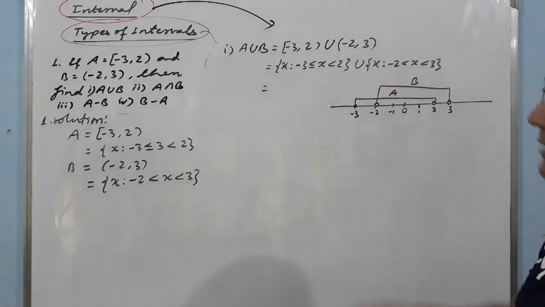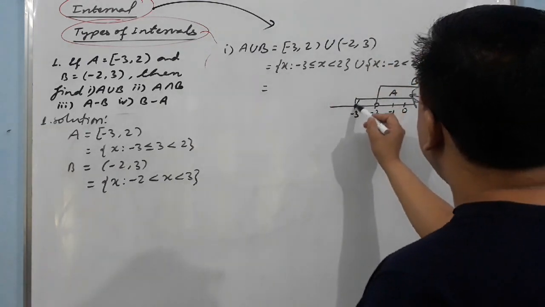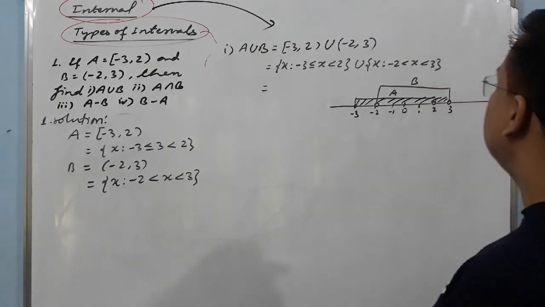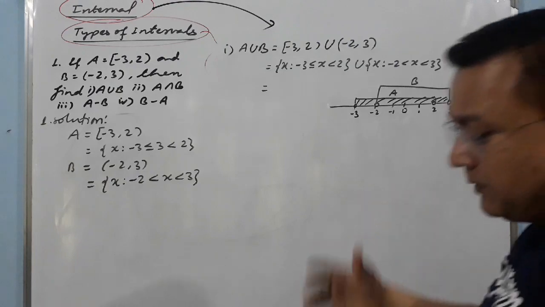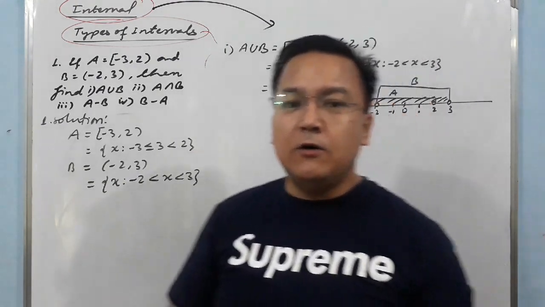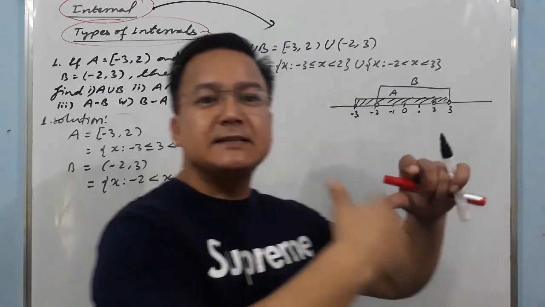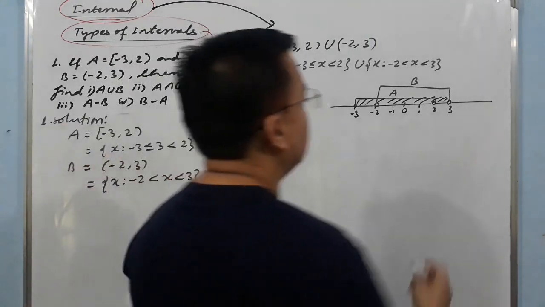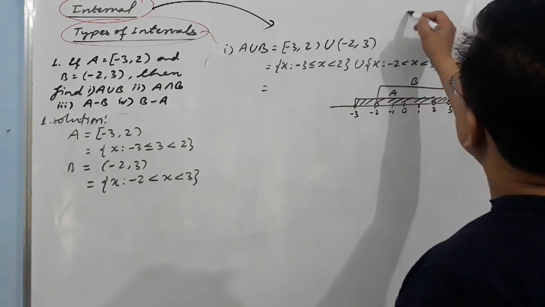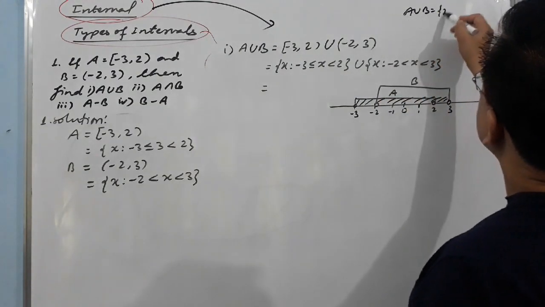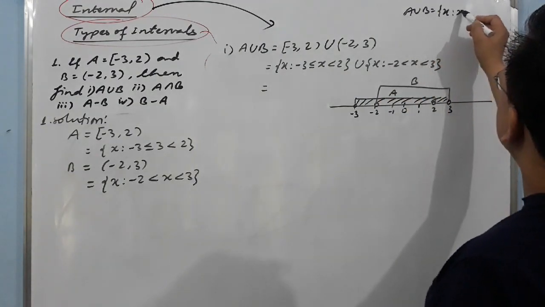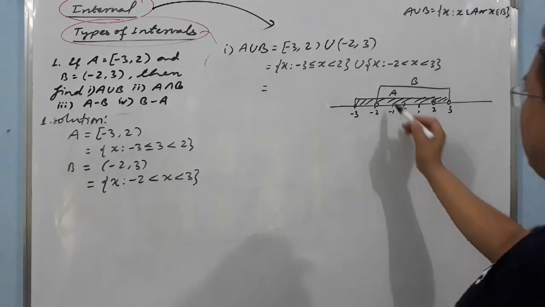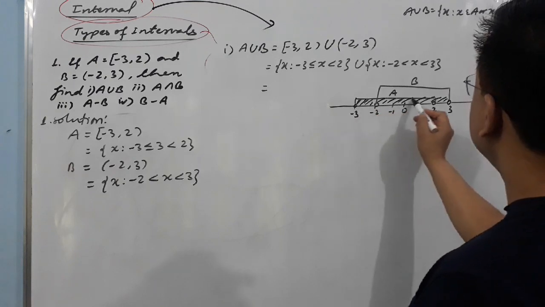Now A union B means we have to take everything from both, so just shade. The definition of A union B is: x such that x belongs to A or x belongs to B. So all elements will come here without repetition.